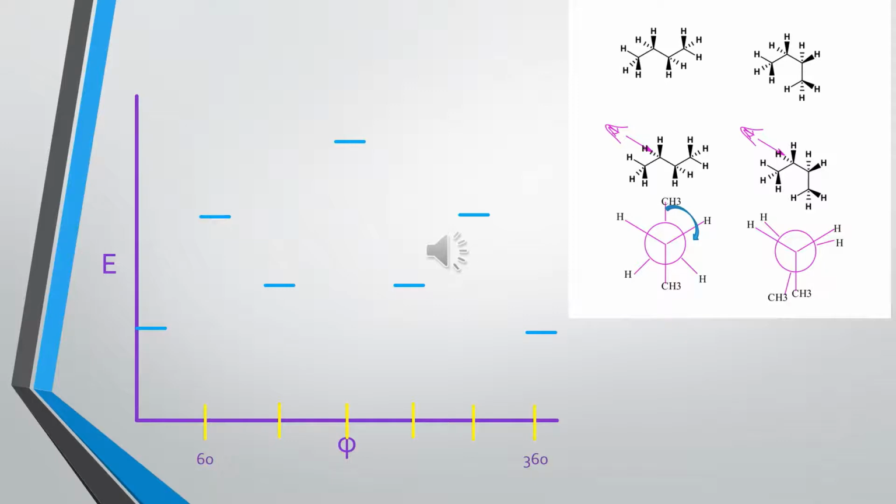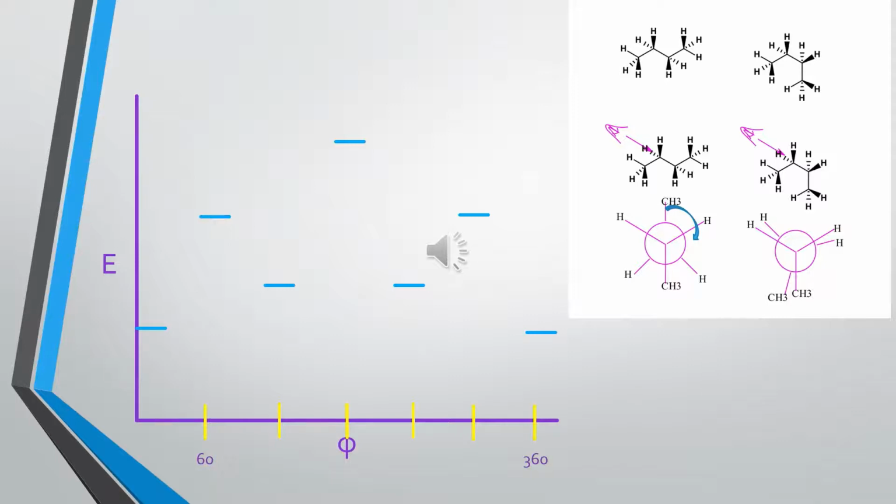That's why that bar is intermediate at 120 degrees. Okay, another rotation gives you the worst conformation. It puts the methyls in the eclipsed state. And that's why that bar goes all the way up to the very highest point.